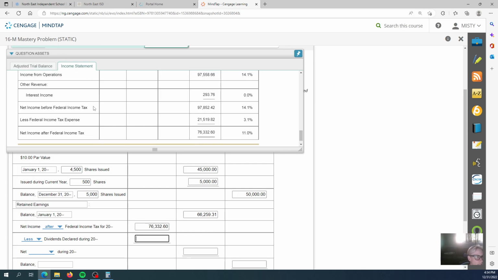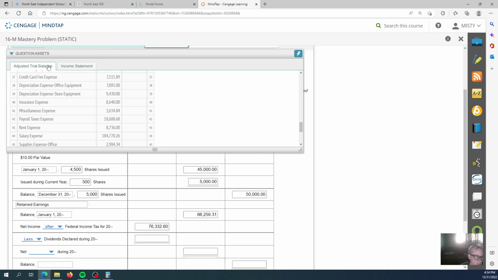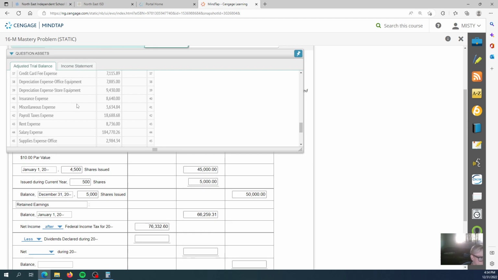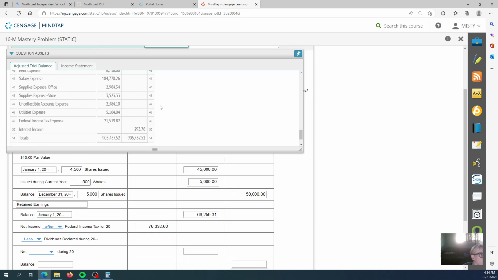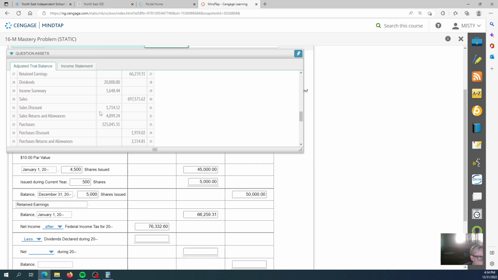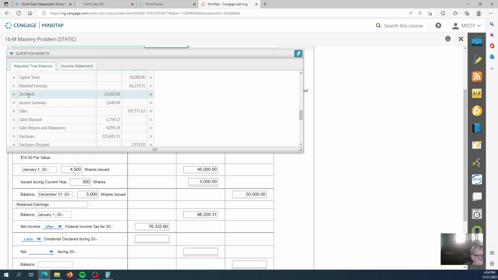Are they on the income statement? No. But they are on the adjusted trial balance. So let's take a look here. Where is it going to show us? Right here, dividends, right? Dividends, 20,000. So let's put in our 20,000.